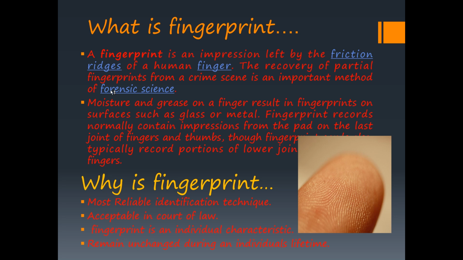Moisture and grease on a finger result in fingerprints on surfaces such as glass or metal. Fingerprint records normally contain impressions from the pad on the last joint of fingers and thumbs, though fingerprint cards also typically record portions of lower joint areas of the fingers.